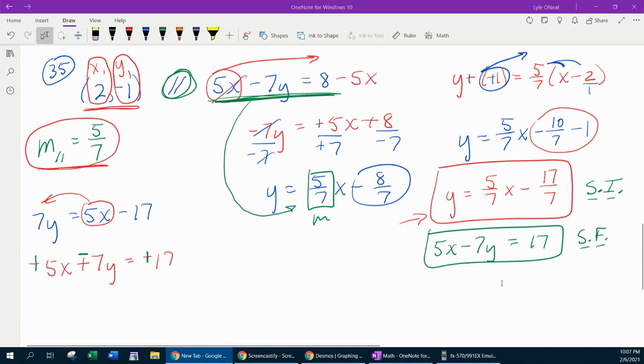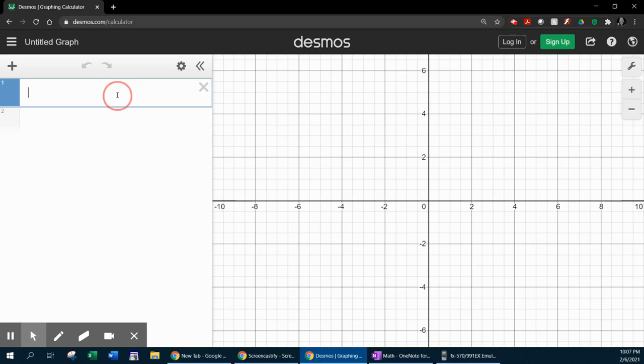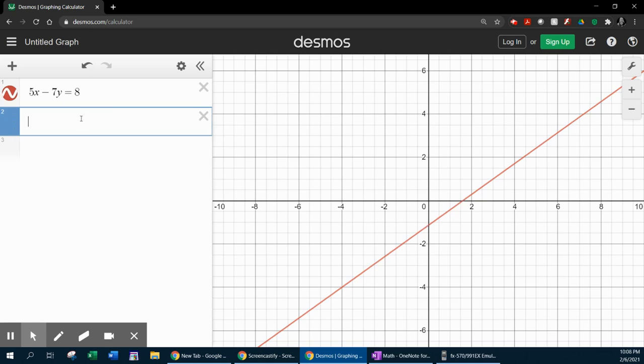And just for fun, I thought it might be interesting to verify this information with Desmos. So what we're going to do to check our answers with Desmos is input the original equation. That's the original equation that we needed to be parallel to.